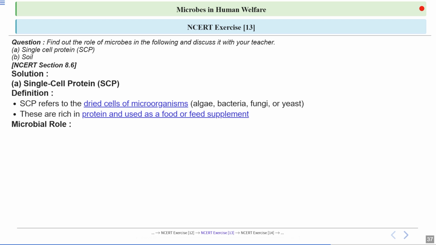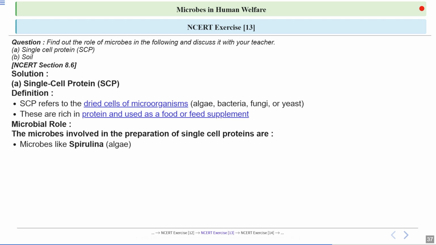What is the microbial role here? The microbes involved in the preparation of single cell proteins are microorganisms like spirulina, which is an alga. Single cell proteins are obtained from spirulina.